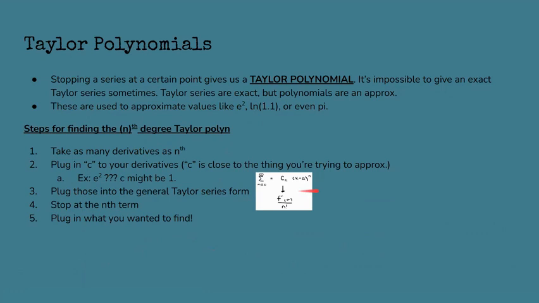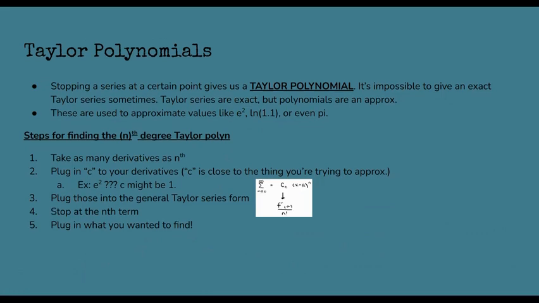All right, the next thing we're going to talk about with this is Taylor polynomials. So what the heck is a Taylor polynomial? Well, sometimes the truth is we are not always even able to find an actual Taylor series representation because there's just not enough good patterns, and it doesn't look like one of these.